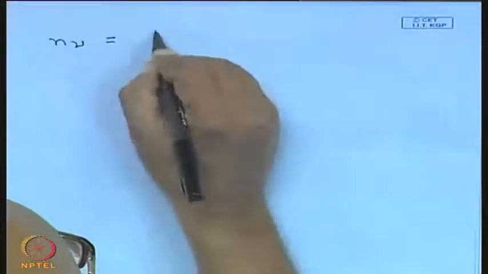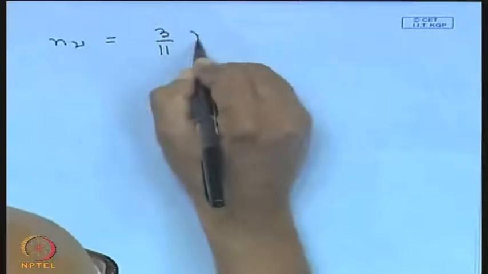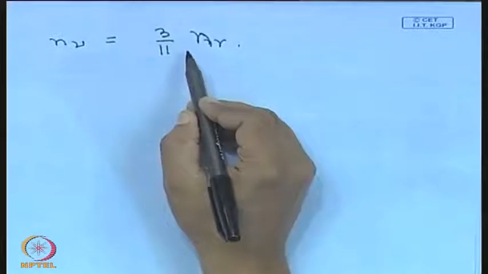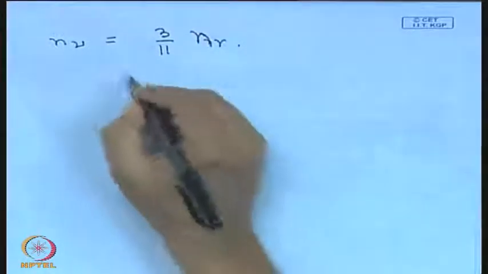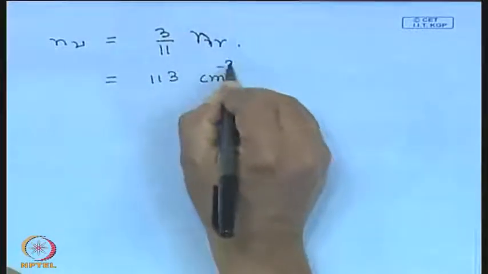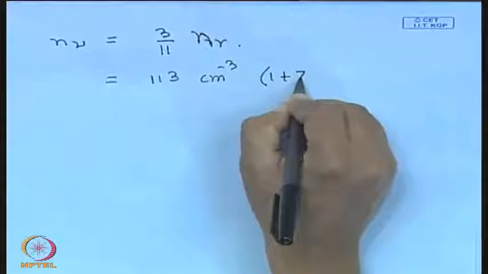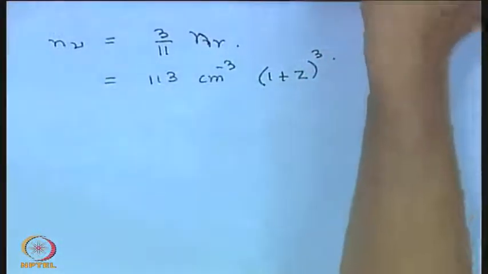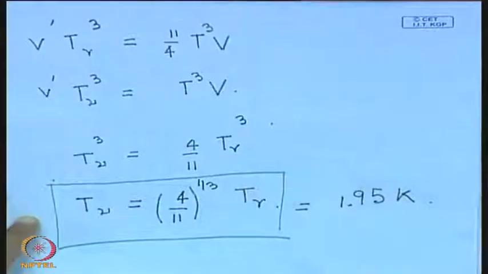The number density of neutrinos corresponding to this, you can calculate, comes out to be 3 by 11 times the number density of photons, because the neutrino temperature is lower. So this comes out to be 113 centimeter minus 3, times z cube. Okay, this also will have a factor of 1 plus z, which I have not written.